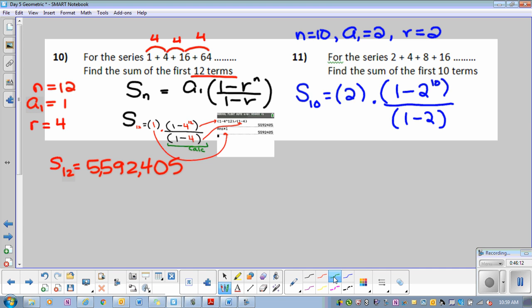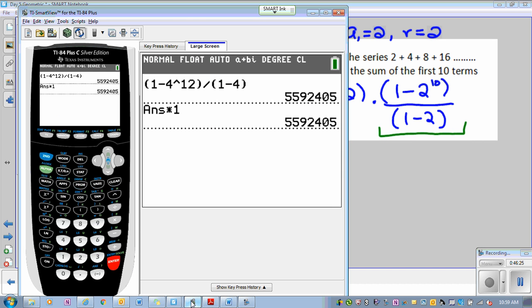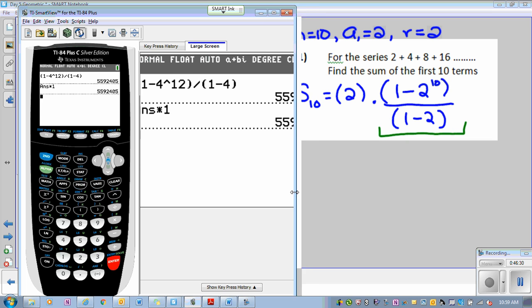And then remember, we're going to do the fraction in the calculator first. Yeah? And then just multiply it by 2. Smaller there so you can see.